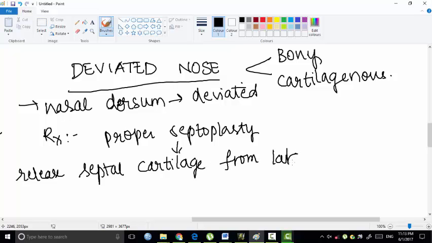This should be done if the lesion is cartilaginous.